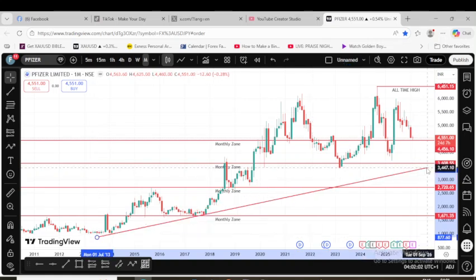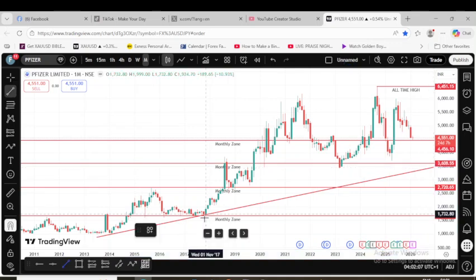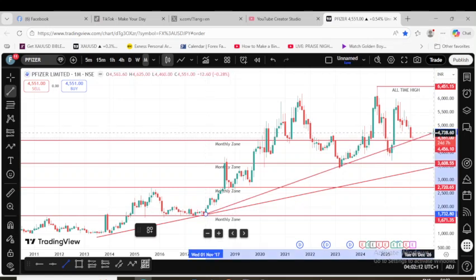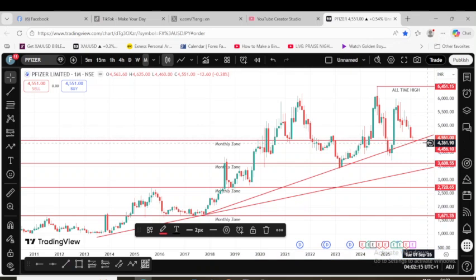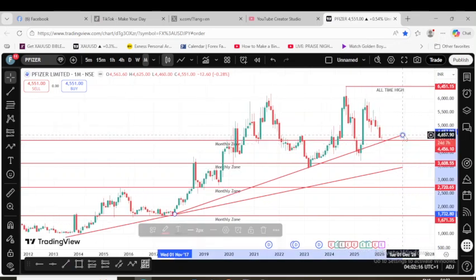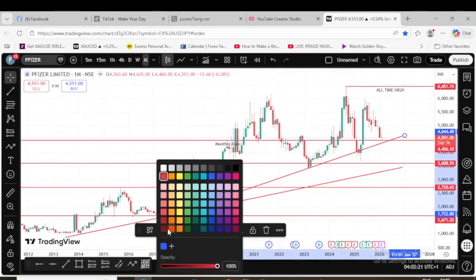We have a trend line like this, but this one doesn't seem very valid. Then we have a trend line like this. I think this is probably the most valid trend line among the two. Well, let's keep them both.